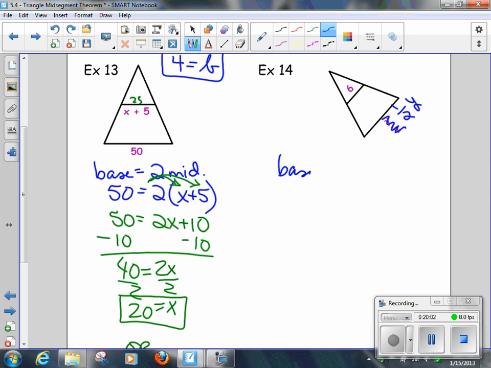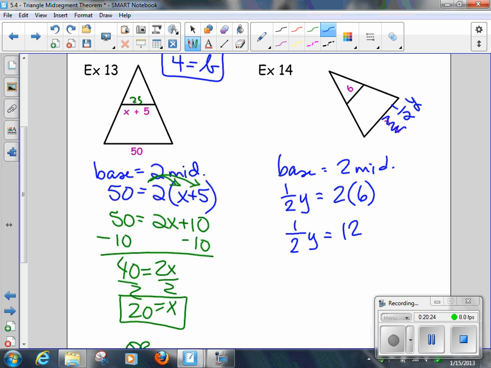Base is equal to 2 times the midsegment, right? All right, so the base is 1/2 y. 2 times midsegment, which is 6. I got 1/2 of y is 12, right? Okay, now think. Some of you want to think through this and go, 1/2 of what gives you 12?